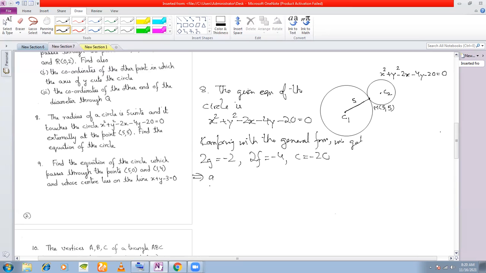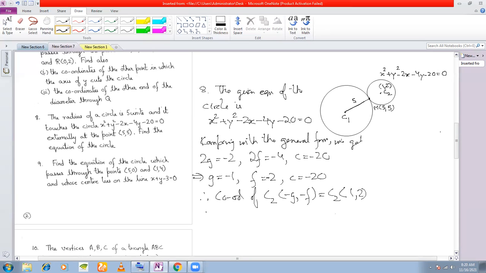That means g is equal to minus 1, f is equal to minus 2, and c is equal to minus 20. Therefore, the coordinates of C2 is (minus g, minus f), which is C2 (1, 2).